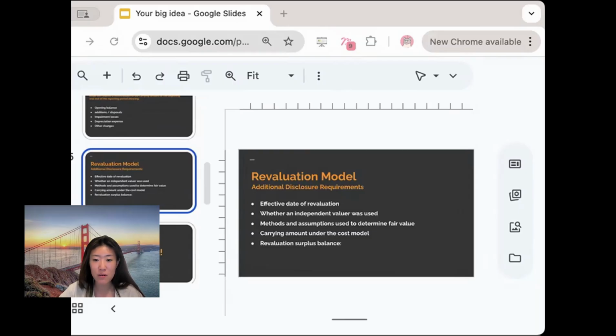Furthermore, to maintain comparability, the entity must disclose the carrying amount that would have been reported had the cost model been used. Lastly, the note must provide a clear breakdown of the revaluation surplus balance, showing its movements to the final balance. These specific details provide the necessary transparency for users to understand the impact of using fair value accounting on the balance sheet.